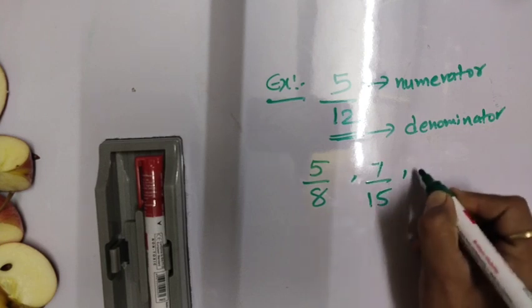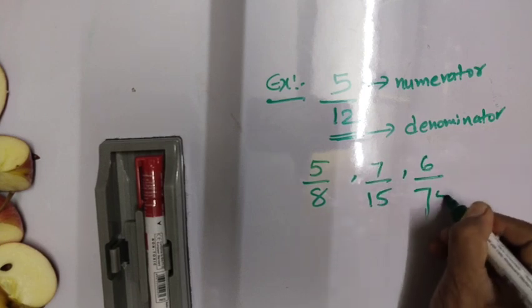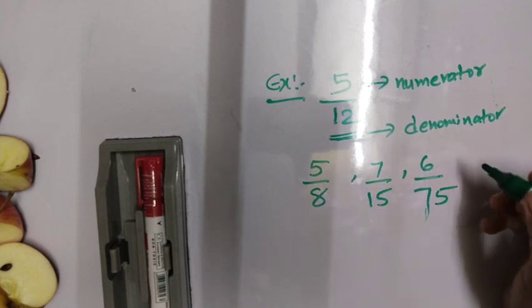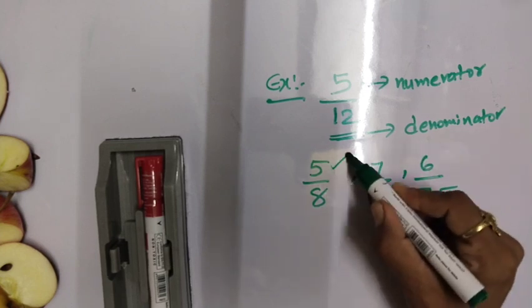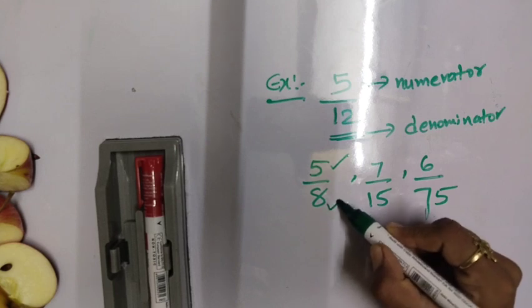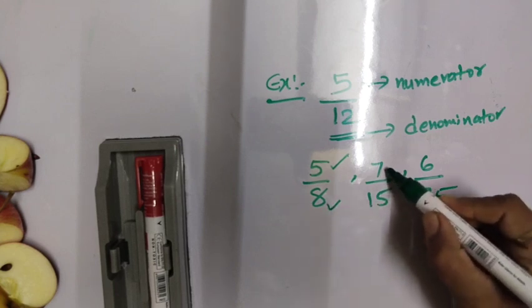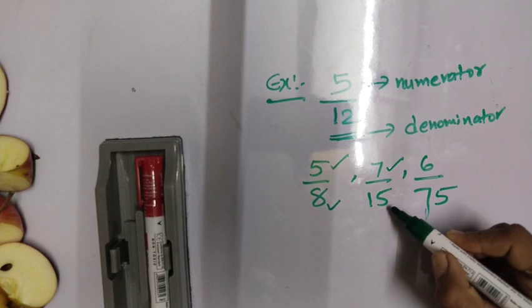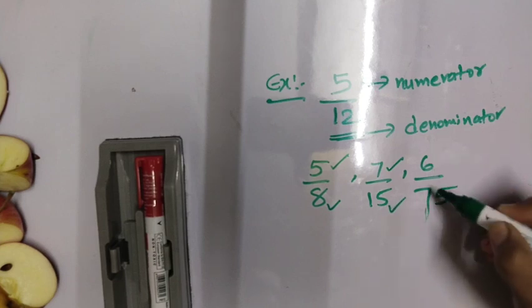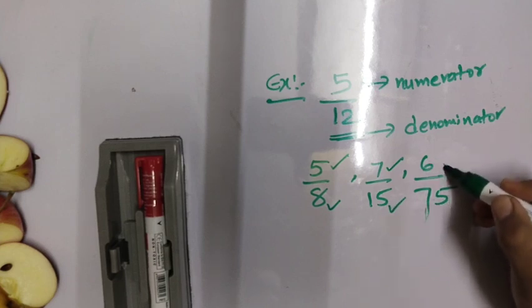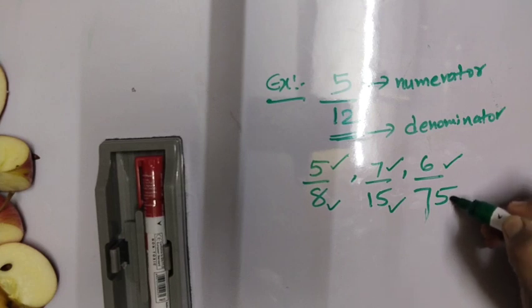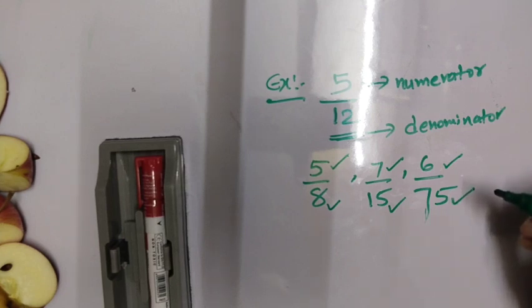If we take 7/15 and 6/75, these are some examples of fractions. In 5/12, 5 is the numerator and 12 is the denominator. In this fraction, 7 is the numerator and 15 is the denominator. In 6/75, 6 is the numerator and 75 is the denominator.